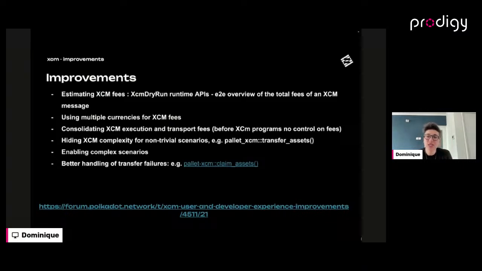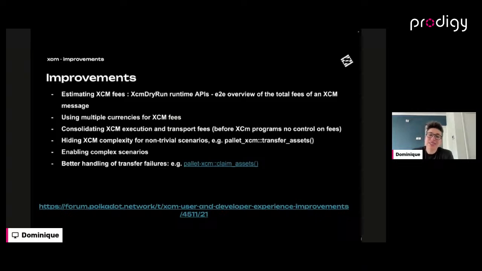A better way to estimate the XCM fees. Now there's a runtime API, the XCM dry run. With this, you can have an end-to-end overview, from source to destination, of the total fees of an XCM message, which is super amazing. As soon as you start working with this, you will see the value of having an API like that.